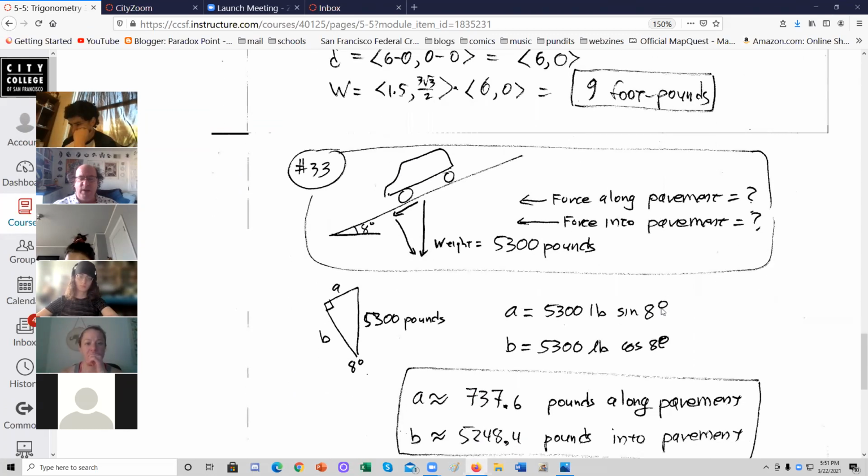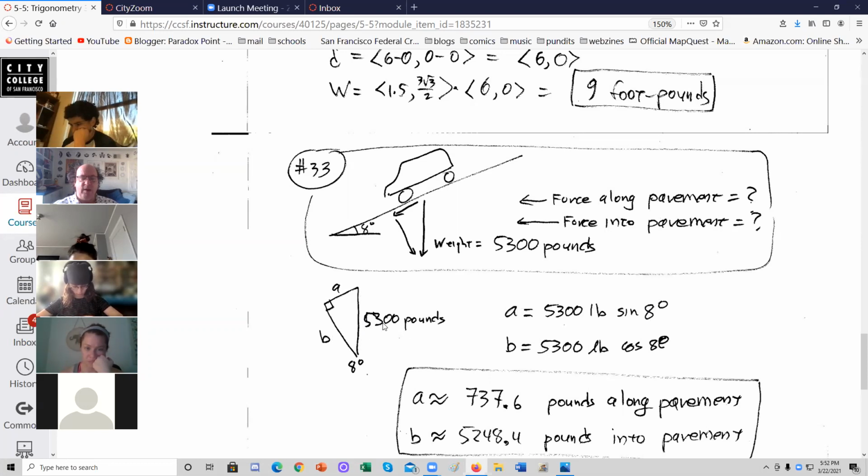Well, this one we don't really need dot products. We just need a bit of basic trigonometry, right angle trig. We draw this right angle triangle. Here's the force along the pavement. Here's the force into the pavement. Here's the total force at 5,300 pounds. Here's an angle of 8 degrees. So A over 5,300 is sine of 8 degrees, so A equals 5,300 sine 8 degrees.